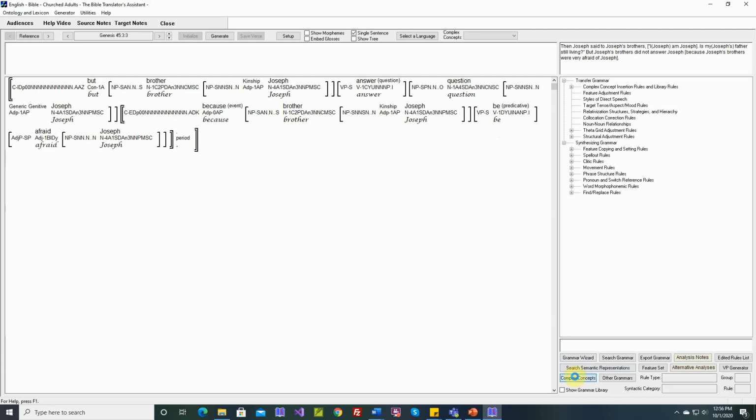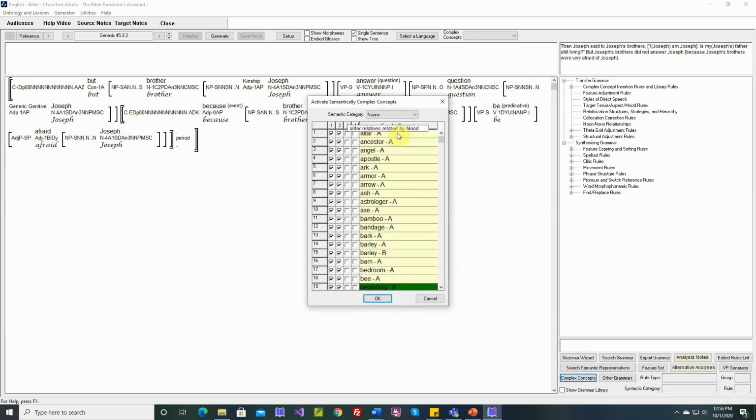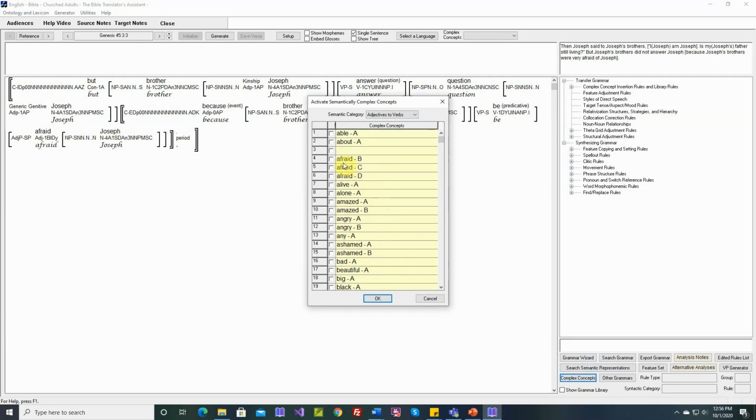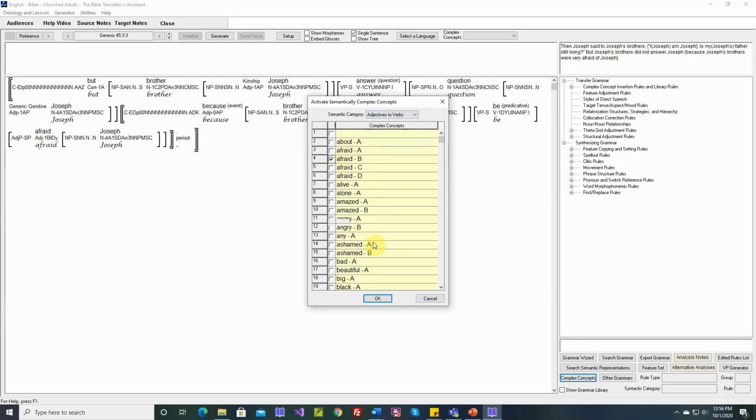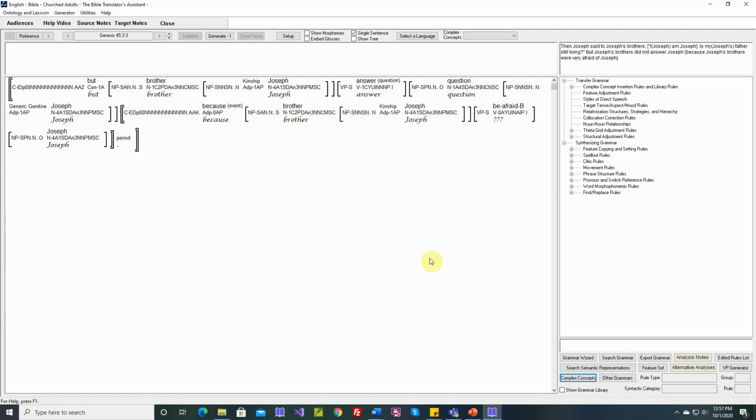Over here, if we go to this last part, let's activate, this will convert adjectives to verbs. So let's convert afraid, this is afraid sense be, to a verb. And that does two things.